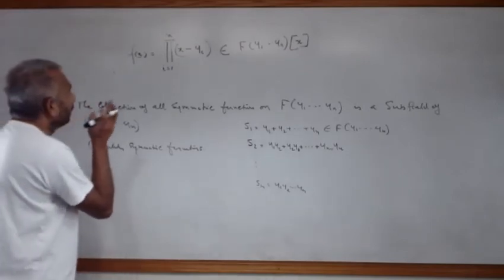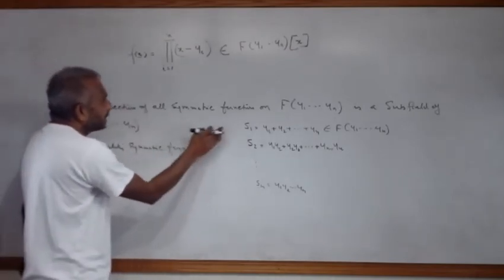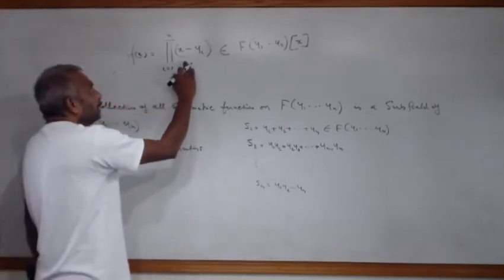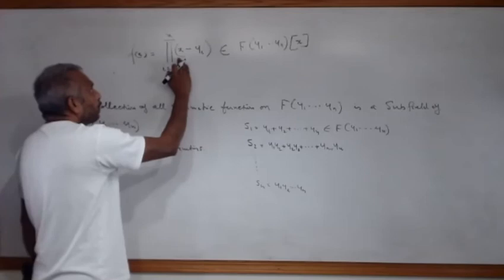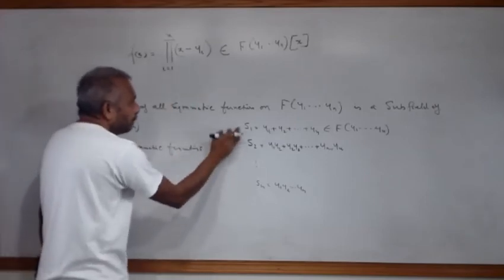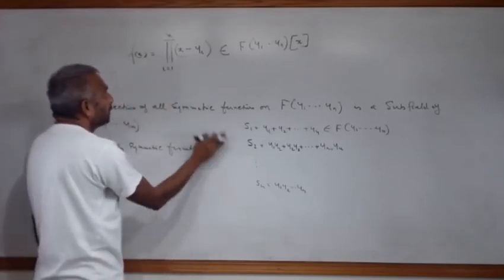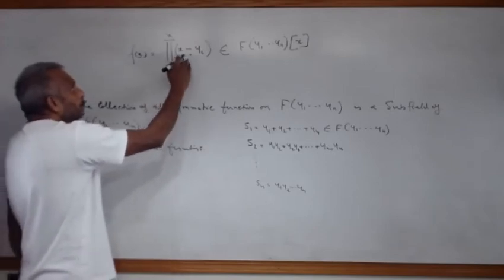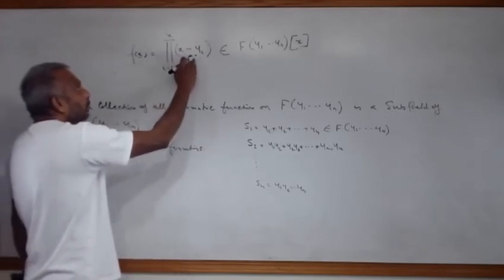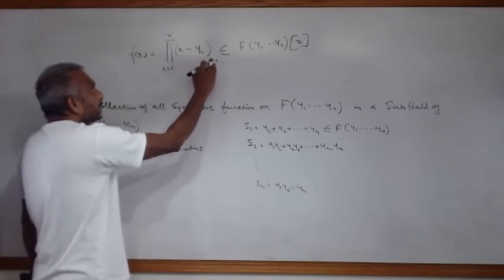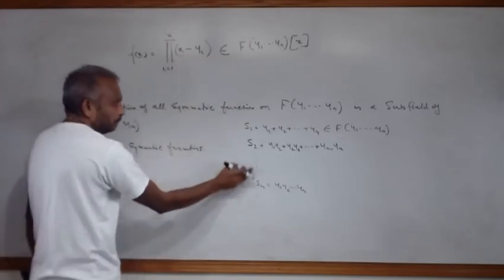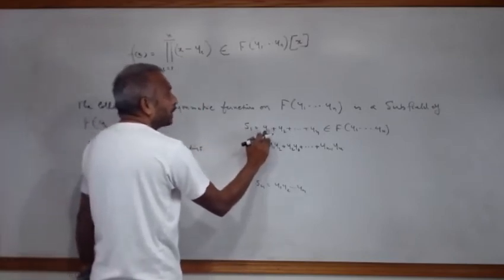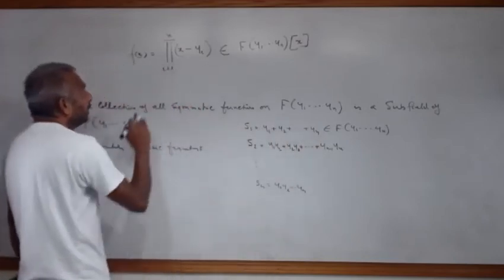If you expand this polynomial, these will be the coefficients of x to the power n minus 1, x to the power n minus 2, ..., x, and the constant term, up to sign.